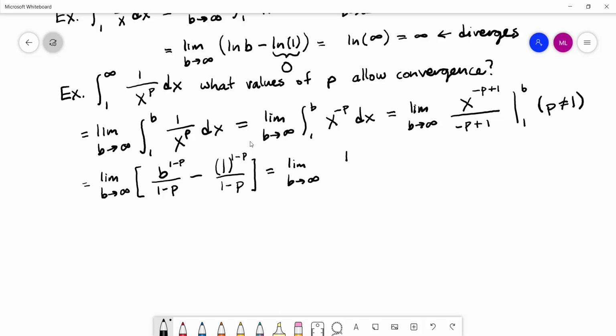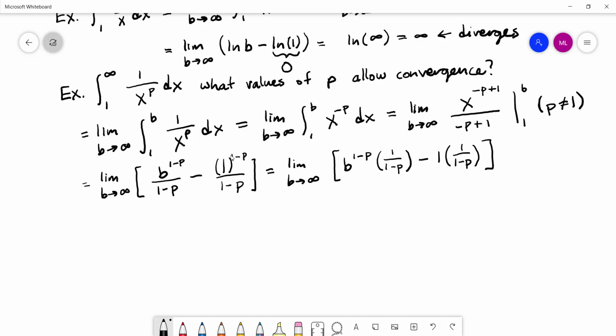So I'm going to write it as b to the 1 minus p times 1 over 1 minus p. That's just rewriting this. And then I'm going to subtract from that 1 times 1 over 1 minus p. I want to highlight the fact that they both have a factor of 1 over 1 minus p, and I'm going to be able to factor that out.